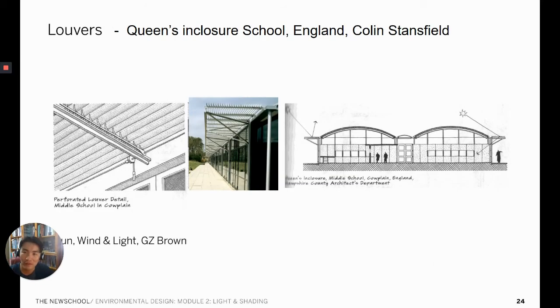And this is the Queen's Enclosure School in England, designed by Sir Colin Stansfield. This building not only blocks the southern sun to achieve the maximum visual connection from inside to the outside, but also redirects the light in the northern facades using the same perforated louver detail back into the northern facade of the building.